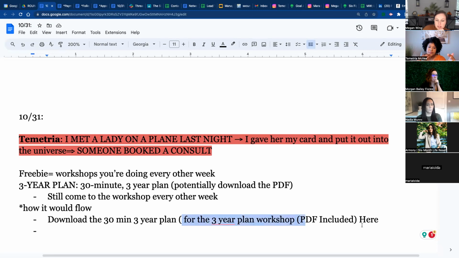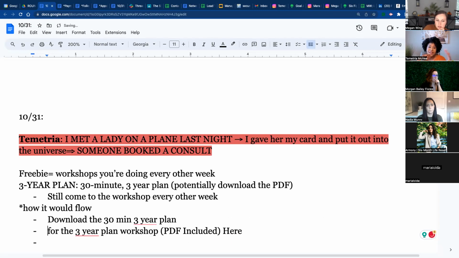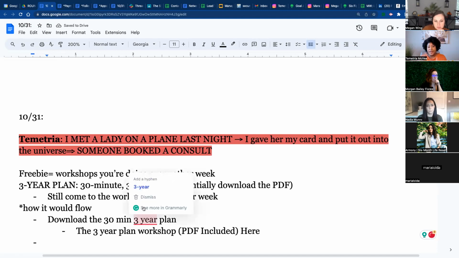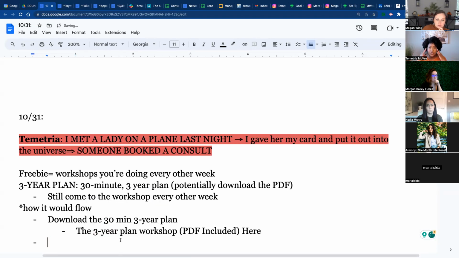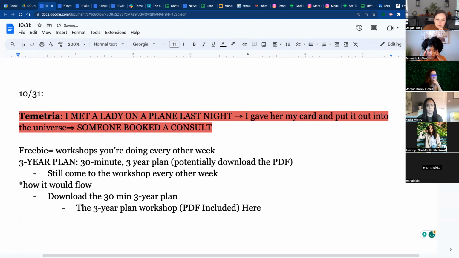And then you could market the free workshop also. That could work too. So if I'm keeping my message, just download this PDF on Instagram, then once I get them on the email list, I can start to invite them to the workshop. Or they could just skip straight to a consult.